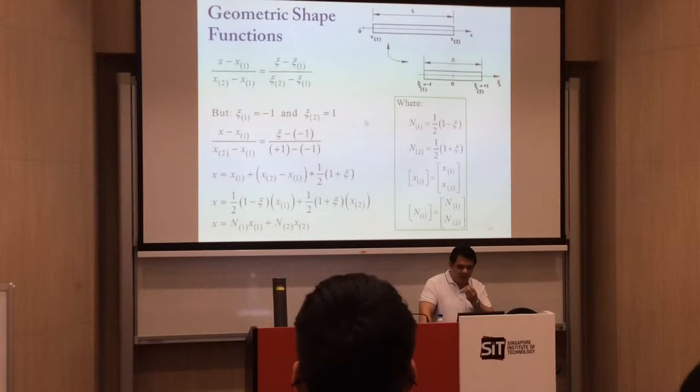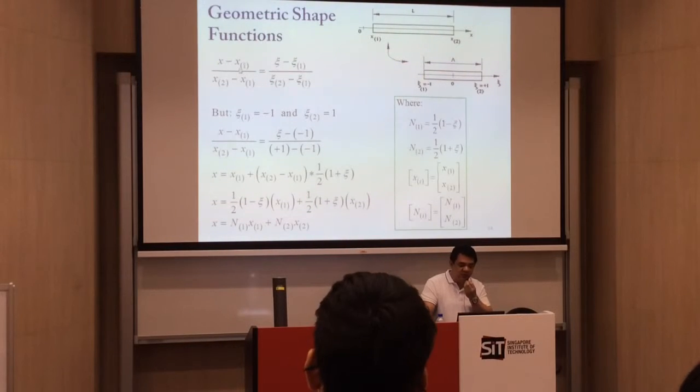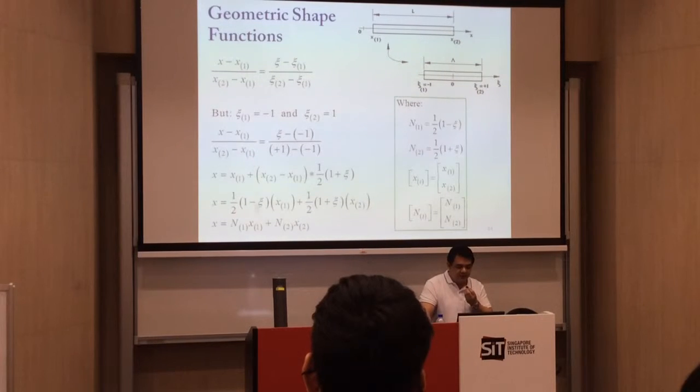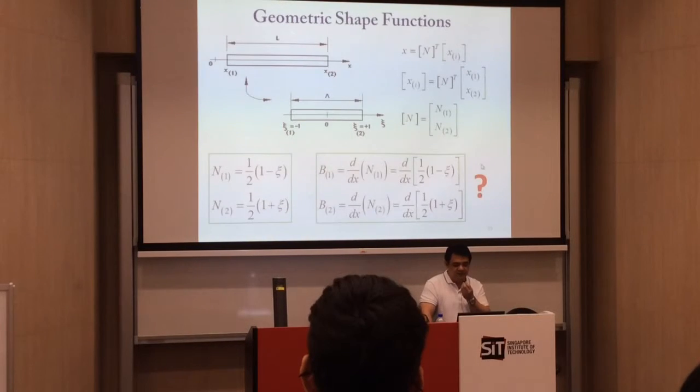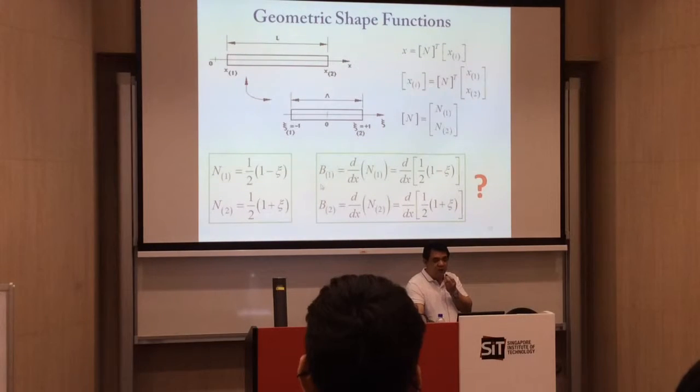From this one, again, it's pretty much straightforward. If you just really try, at least spend an effort to solve this one, then you will realize that this is a very straightforward solution. And then here, we get now your shape function as a function of ξ. So once you get that, you also get your strain displacement values.